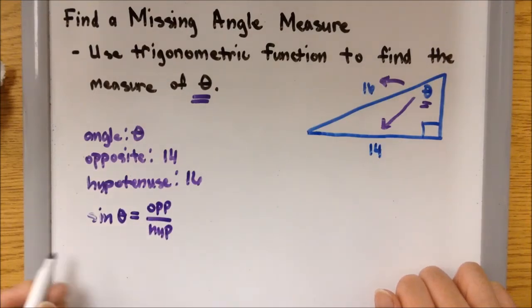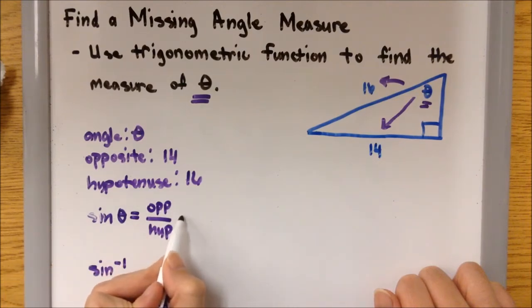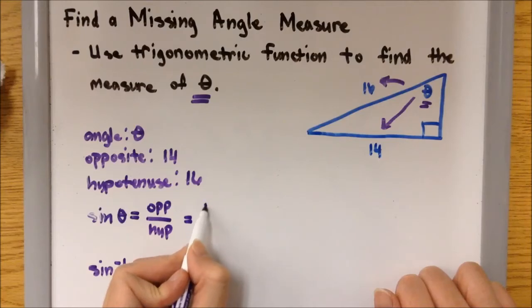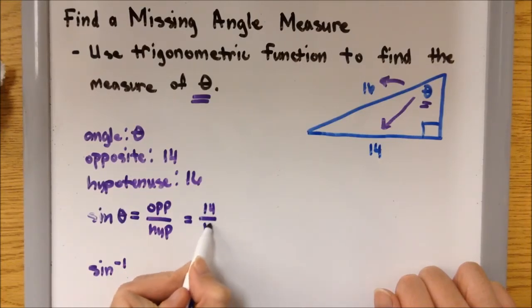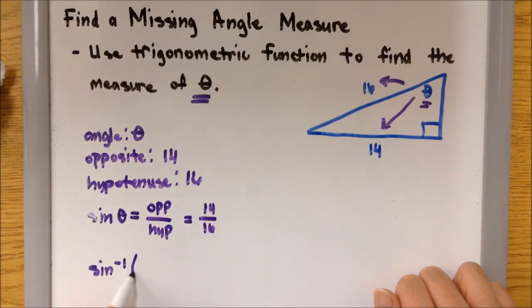So therefore, if we were to do the inverse of sine, following the definition of sine, opposite would be on the top, which is 14, over hypotenuse, which is 16. So inside of parentheses, I'm going to put 14 over 16 to find theta.